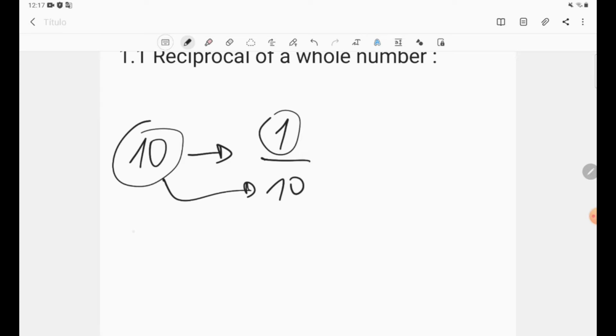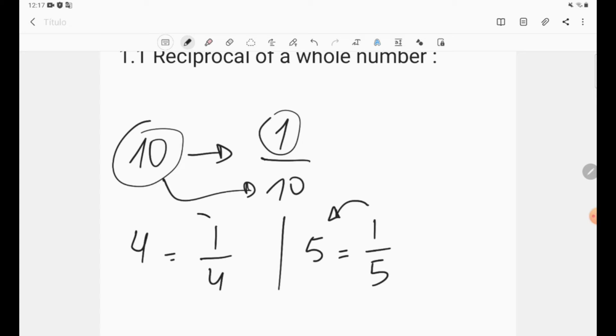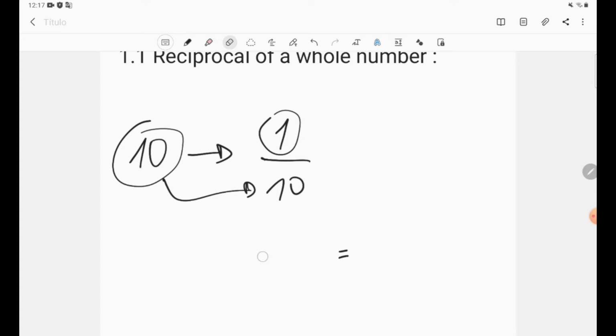For example, 4's reciprocal is 1 over 4. 5's reciprocal is 1 over 5. This is the reciprocal fraction of a whole number. Easy, right? So let's go with the reciprocal.